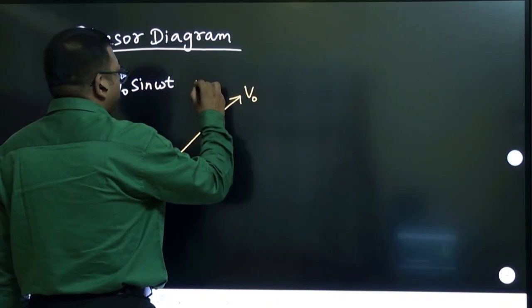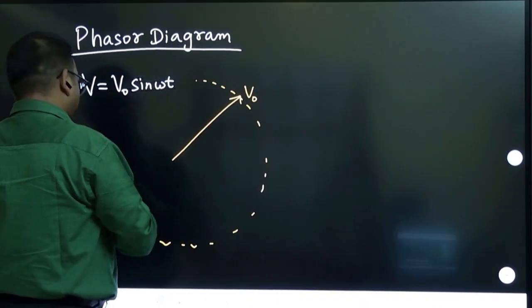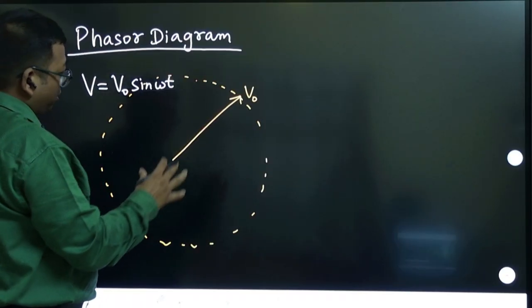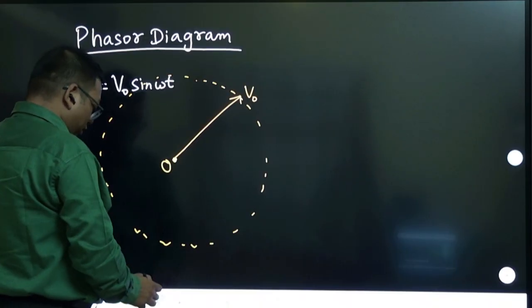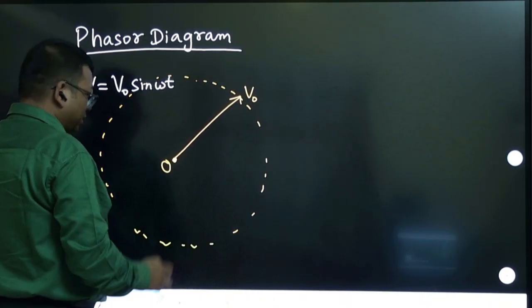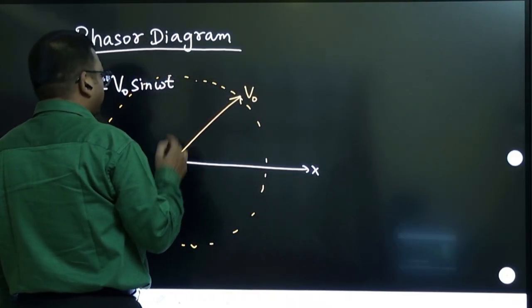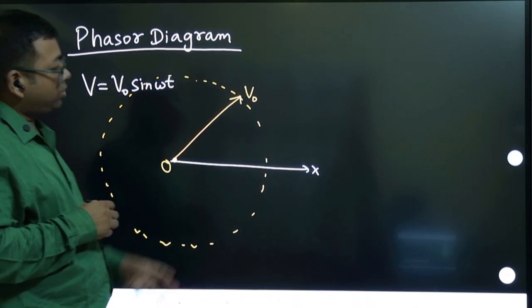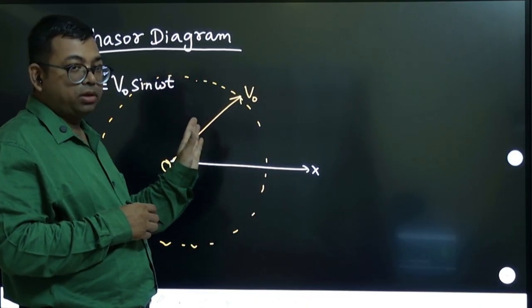So you can make a circle like this. The radius of this circle is V naught, and this is the center of the circle, O. Let us say this is the x-axis and this is the y-axis. The x-axis is important because the angle is measured from here.